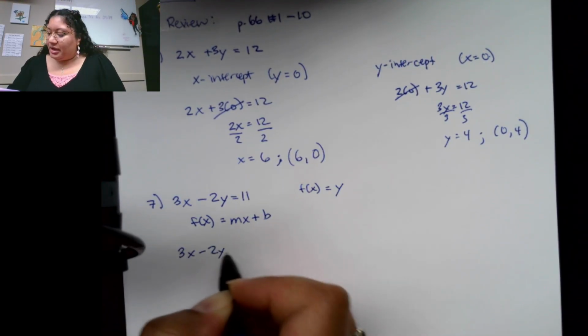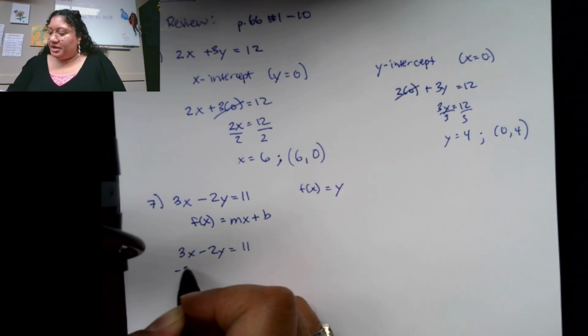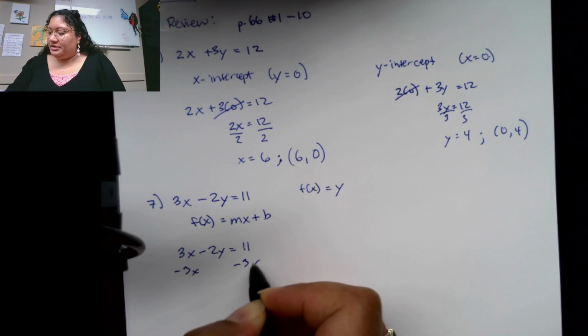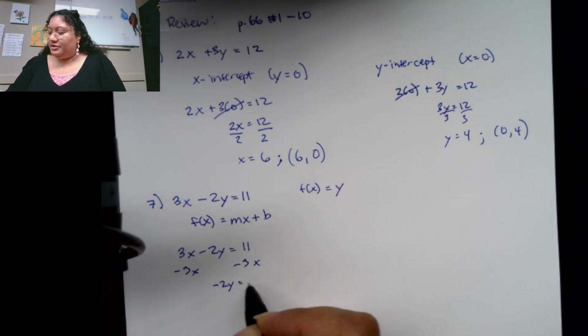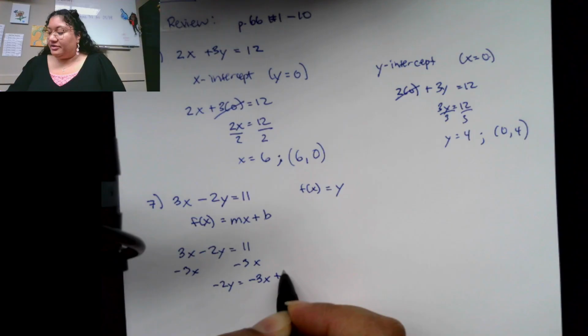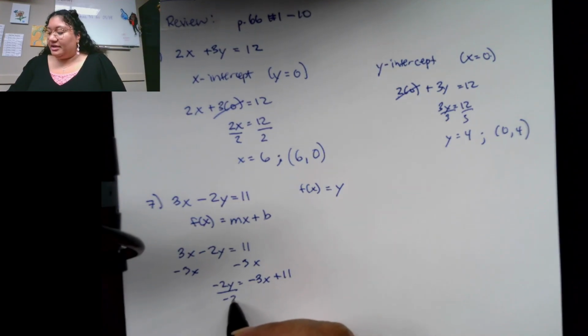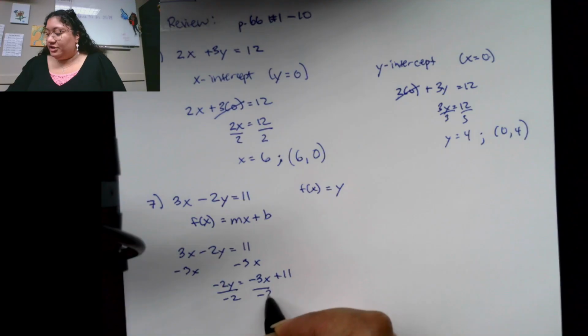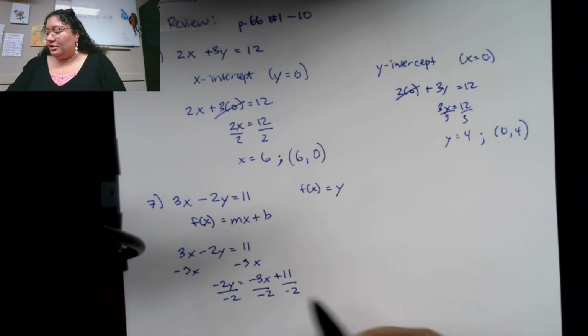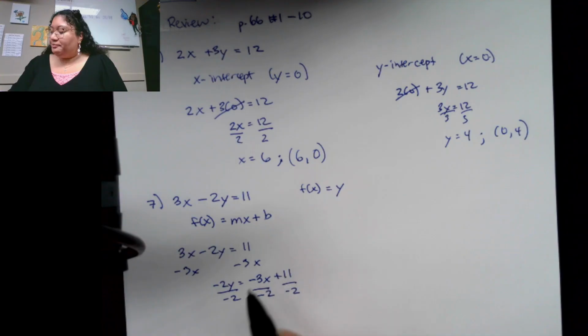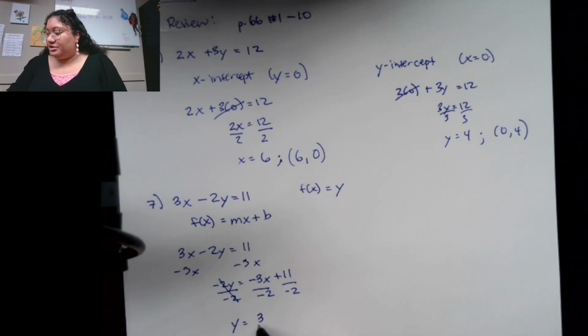So let's do that. 3x minus 2y equals 11. Minus 3x, minus 3x. Negative 2y equals negative 3x plus 11. I divide that by negative 2. I do it individually so as to not get lost in all the fractions. These two cancel out. So I get y equals, a negative makes a positive, my slope can stay as a fraction.